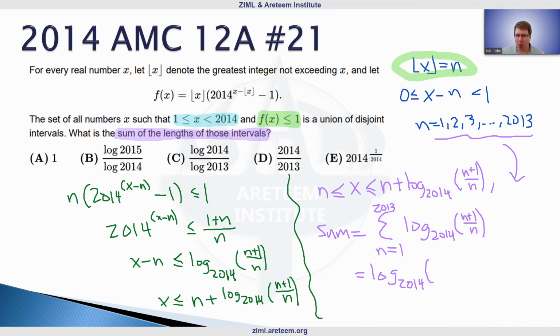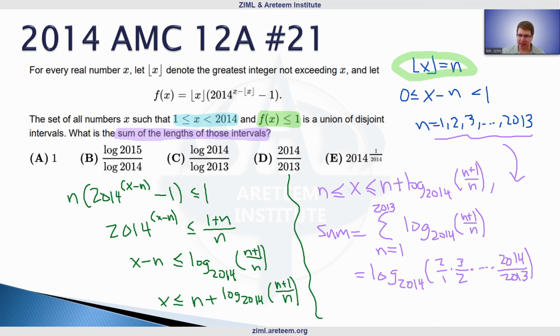So when n is 1, we have 2 over 1. When n is 2, we have 3 over 2. Dot, dot, dot, all the way up to when n is 2013, we have 2014 over 2013.